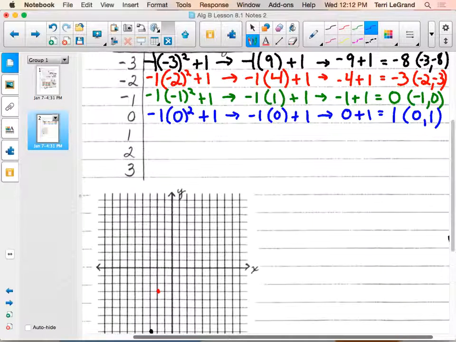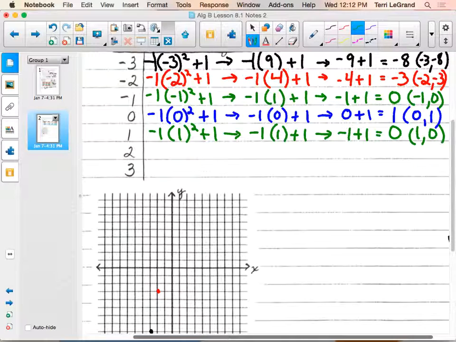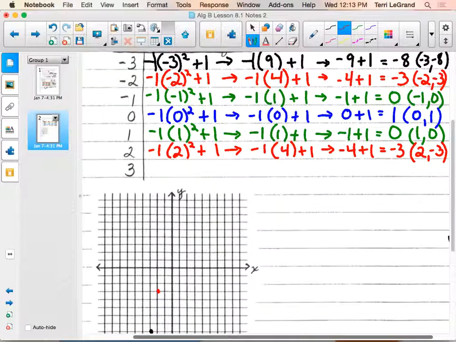You want to try and do it so that you can do it in your homework. And if you're doing it right, you should start to see some symmetry happening.